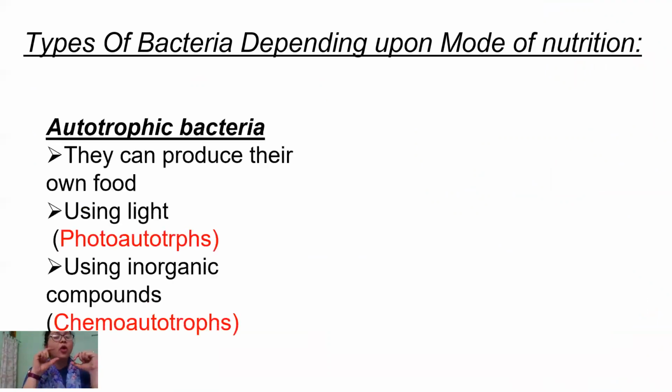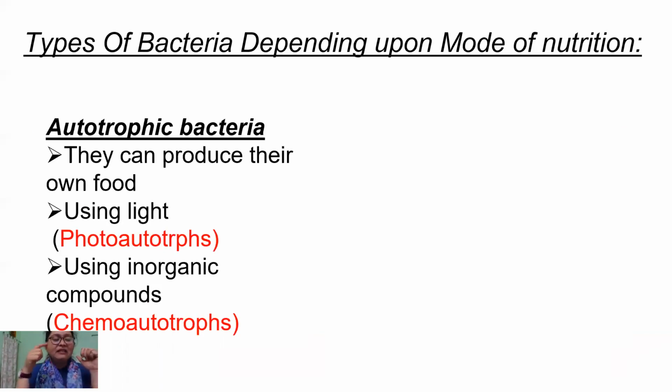That is the types of bacteria based on the mode of nutrition. Based on the mode of nutrition they possess, bacteria belong to 2 major categories. Number one is autotrophic bacteria.